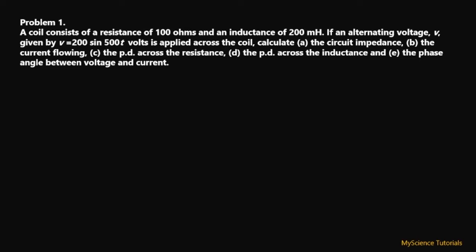All right, so we have a question here. A coil consists of a resistance of 100 ohms and an inductance of 200 millihenry.